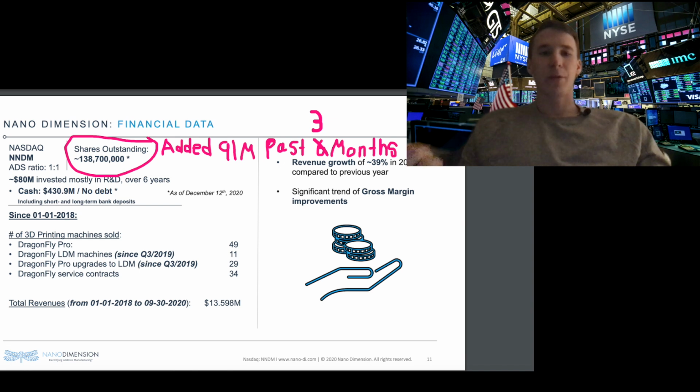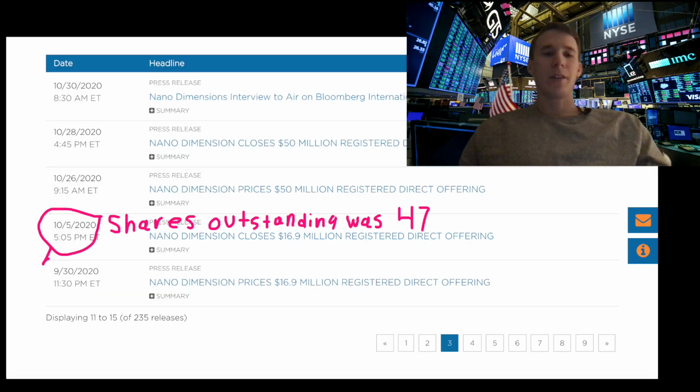But over the last 3 months, we've added 91 million shares. So before this, we only had about 47 million outstanding shares. So let me show you guys what I'm talking about. So as you can see here, before October 5th, we had outstanding shares of 47 million. I drew in here. This is when they closed 16.9 million registered direct offering.